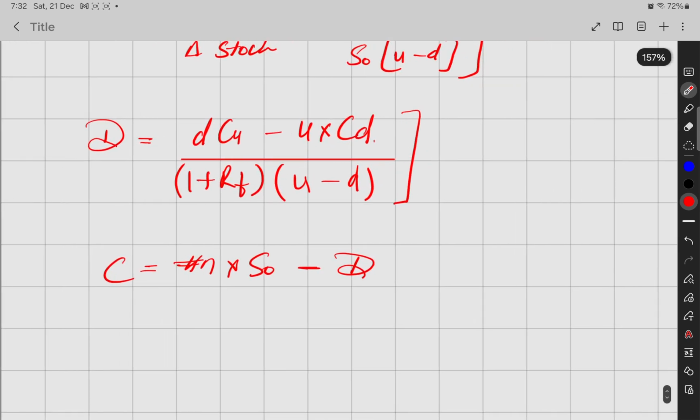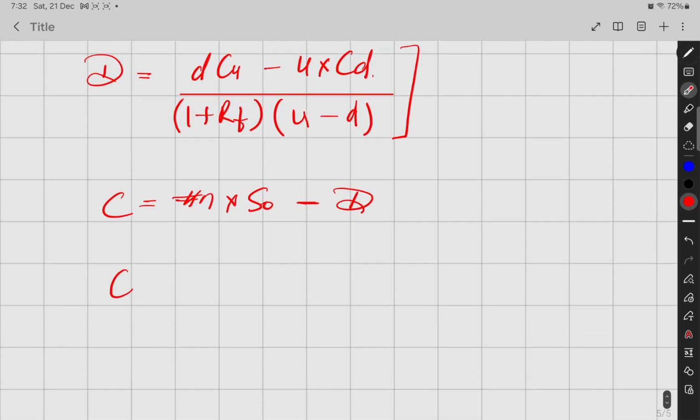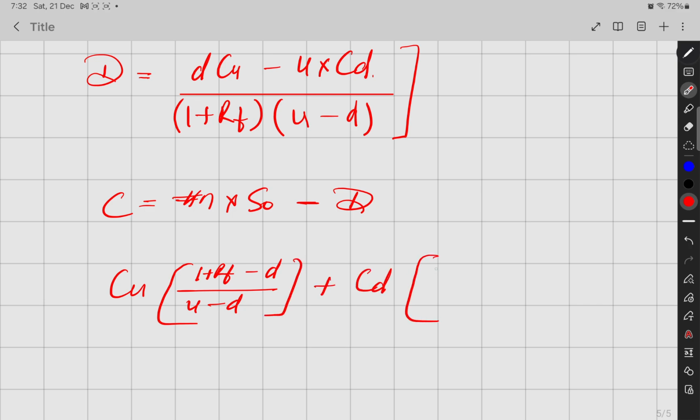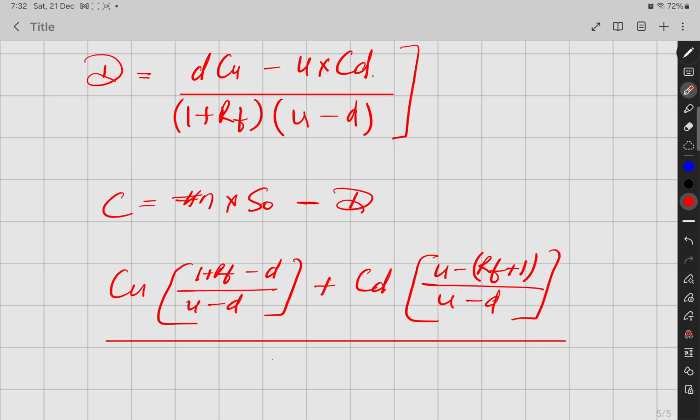This could also be done in various manners. You can do Cu times 1 plus RF minus D, plus CD times U minus 1 plus RF, if I'm not wrong, divided by U minus D, the whole thing divided by 1 plus RF, which would again give you your call value.